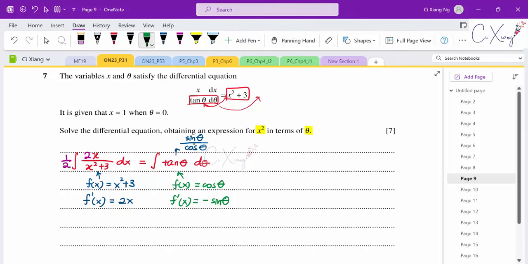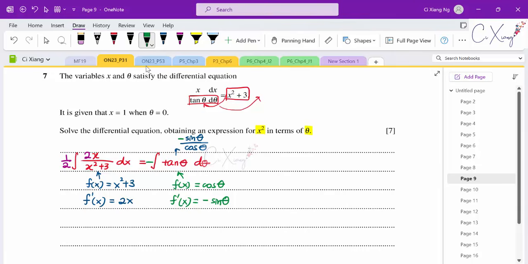In my numerator I already have sine theta on top, but it lacks a negative. So to make it the f prime x over f(x) pattern, I multiply a negative at the sine theta. Outside, I also multiply another negative, so that negative times negative becomes positive 1, and the equation is still balanced. I didn't change the final value of the equation.